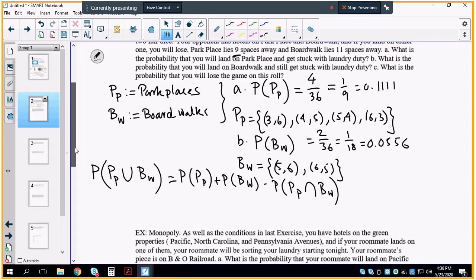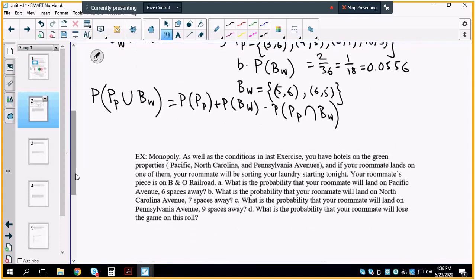Now recall one thing. In a single move, you cannot get a sum of 9 and 11 at the same time. So you cannot be at both Park Place and Boardwalk at the same time. So the intersection, Park Place and Boardwalk, is nothing. There is nothing. It is not possible. So the probability is going to be 0 there.